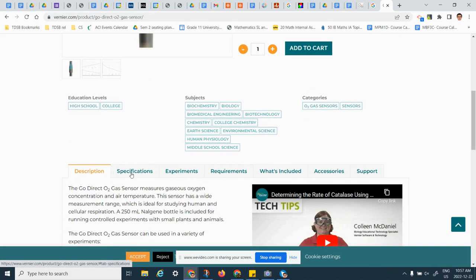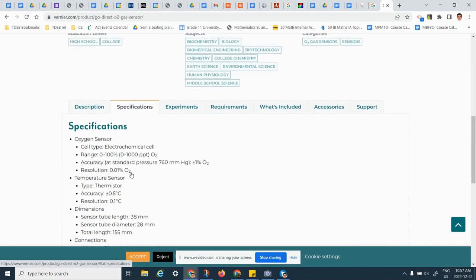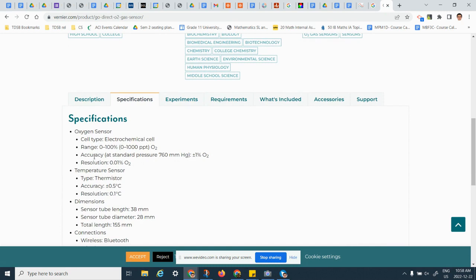If you go to the specs, and you see here, accuracy is plus or minus 1% oxygen. Now, you might remember, wait a minute, our units were in ppm. The percentage part doesn't help. In this case, you just look up the conversion between percentage and ppm.